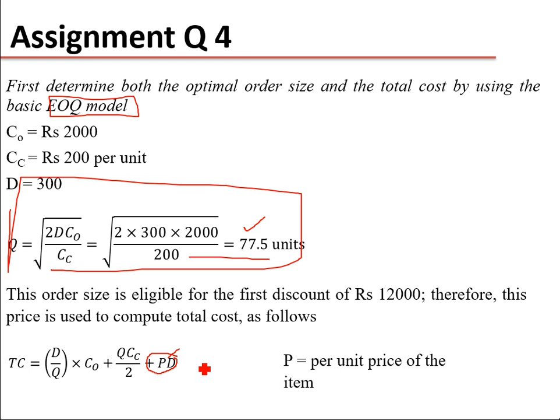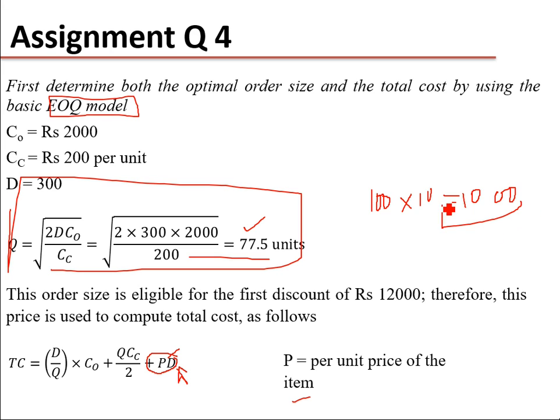Now the main thing in that case is we are going to add this new term, that is the PD value. P is the per unit price of the item and D is the demand over there. That means how much product cost is there. Suppose 100 units are there, and every unit costs 10 rupees, that means total cost of the products comes out to be 1000.